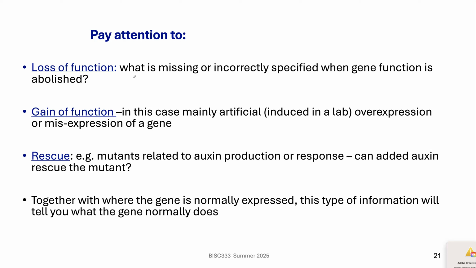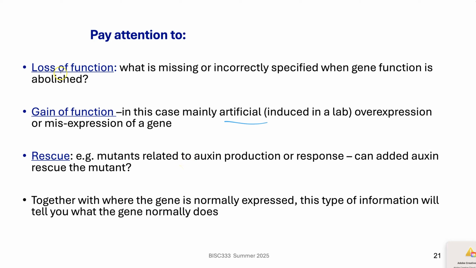The protein is there, but it's not active. It can't do anything. Gain of function is mostly artificially induced in a lab where you overexpress or misexpress a gene. So this means there's too much of the gene, like in the stemless, or it's expressed in the wrong place, which we may have a chance to talk about. And then how the rescue experiments show us or help us understand what kind of gene mutation we're dealing with.